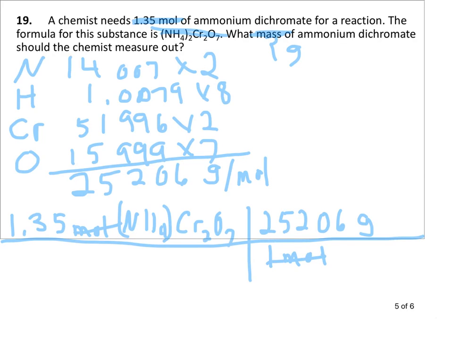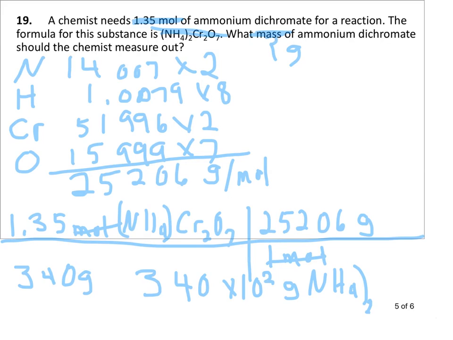And we multiply, and we need 3 sig figs, and that is 340 grams, but that's really only 2 sig figs because that 0 is not considered significant. So to actually make it 3 sig figs, we're going to switch it to scientific notation. 3.40 times 10 to the second grams of the ammonium dichromate.